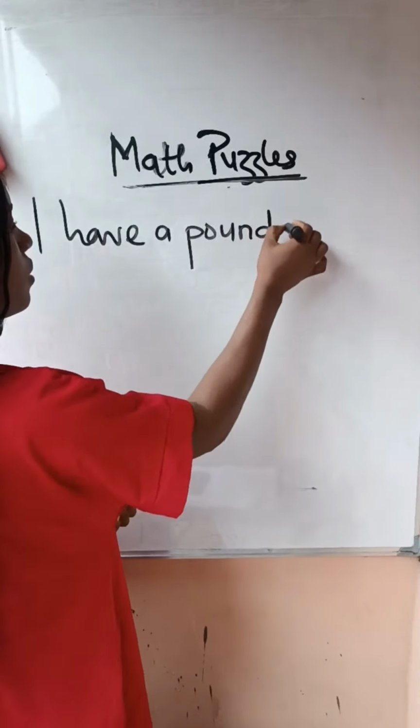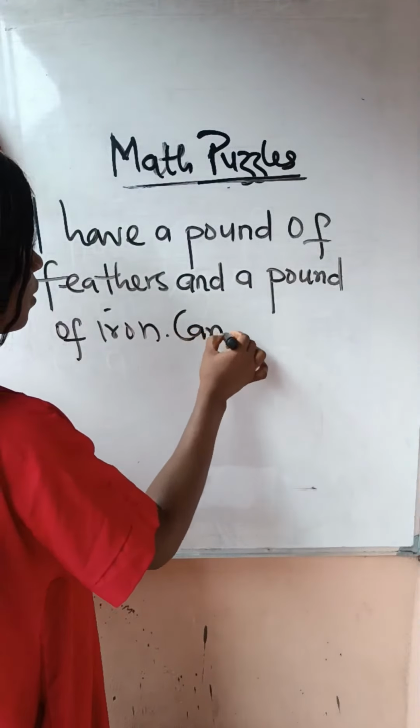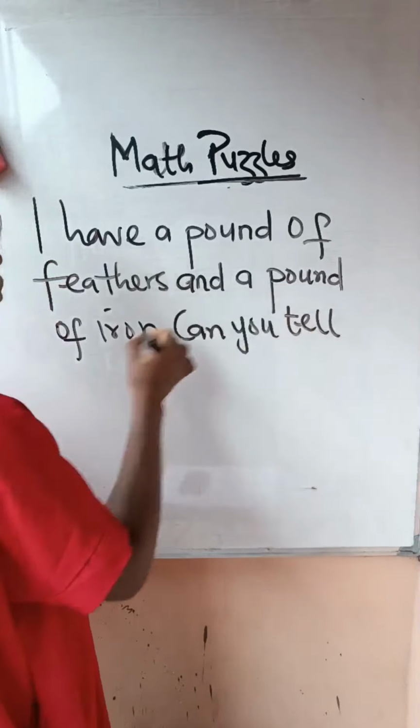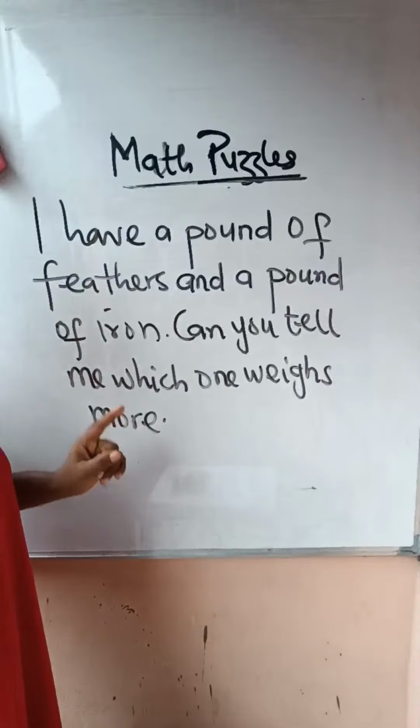The question says, can you tell me which one weighs more? Okay, so that is the question. I have a pound of feathers and a pound of iron. Can you tell me which one weighs more?